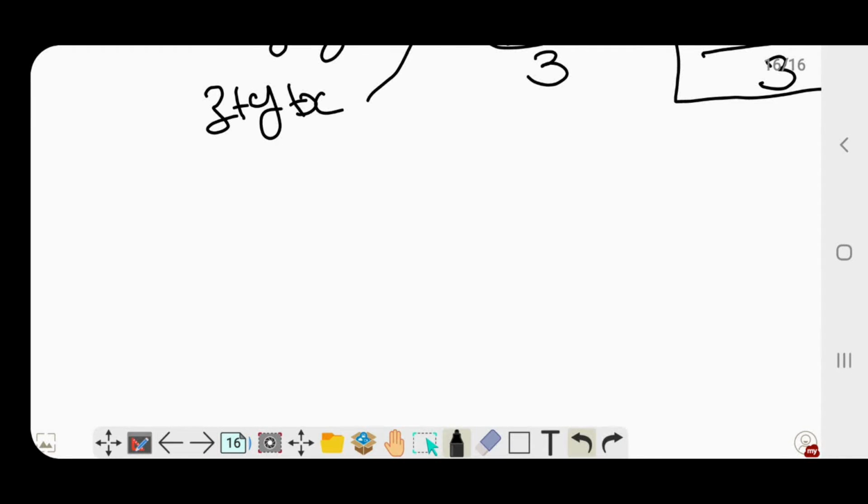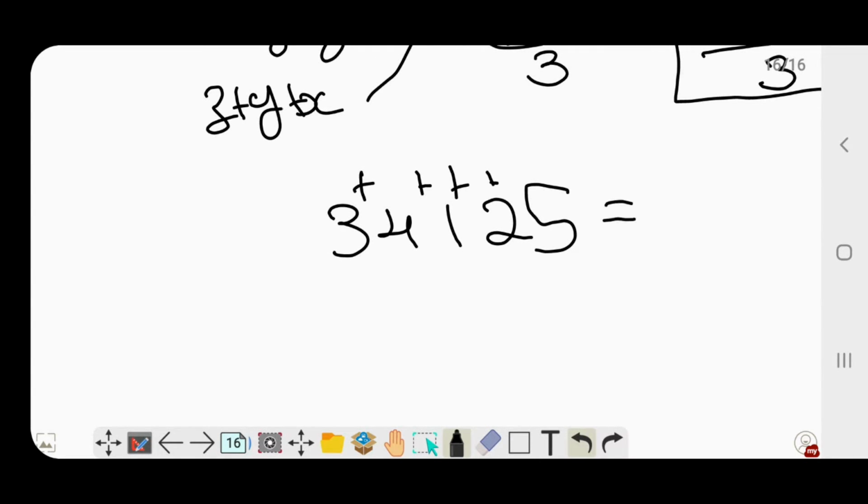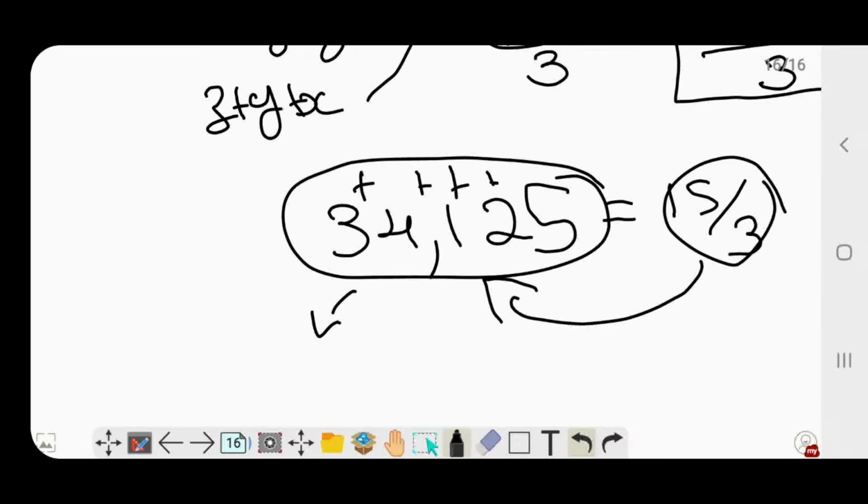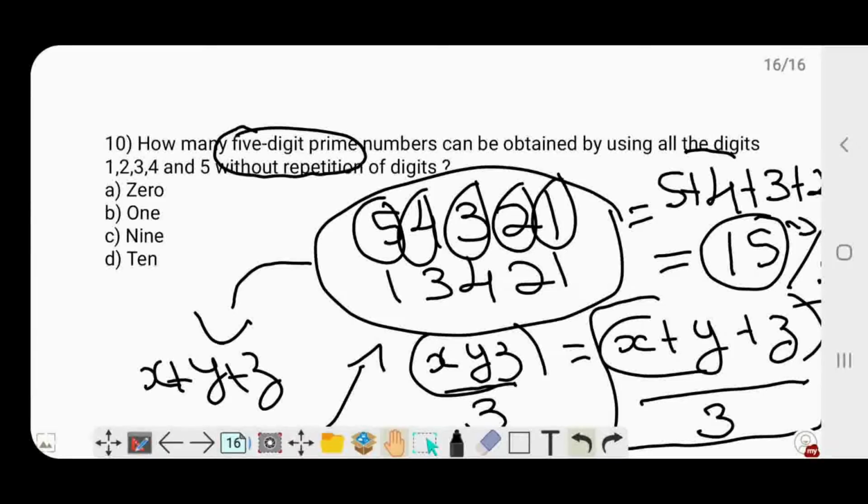However I arrange 1, 5, 4, 2, 3, the sum of the digits is going to be 15, which is divisible by 3, so the entire number, like 34,125, is divisible by 3. Since every order of these digits gives a number divisible by 3, the answer is option A, 0.